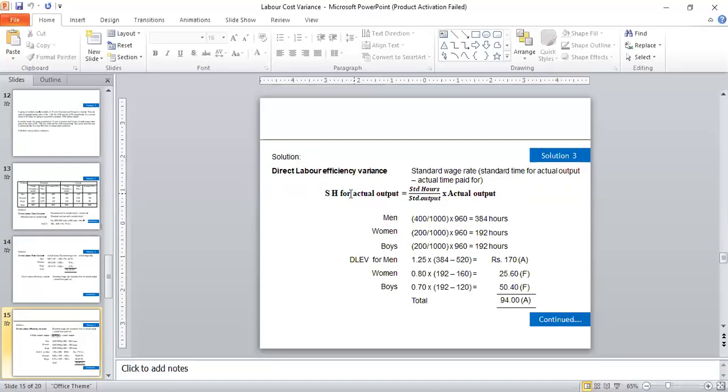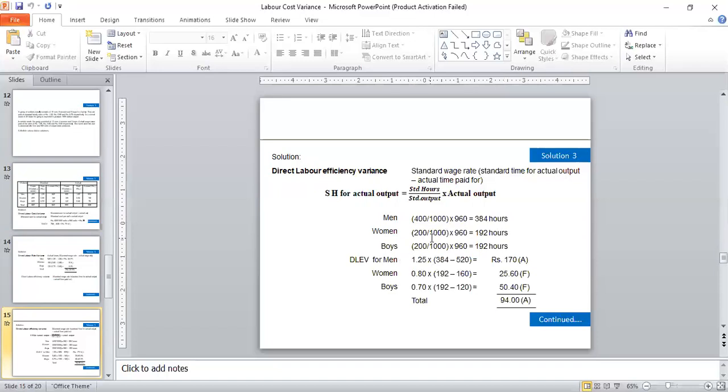Calculating this, first one, standard time for actual output. For the men, we have the standard hours 400, standard output 1000, multiplied by actual output 960. Means we have the standard time for actual output is 384 hours.